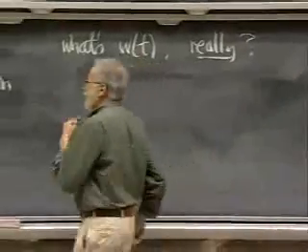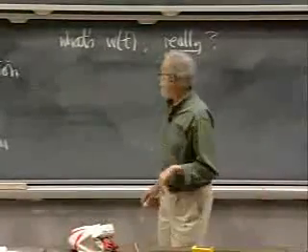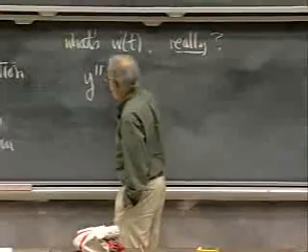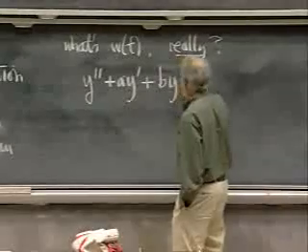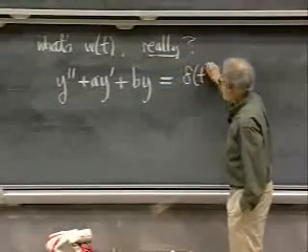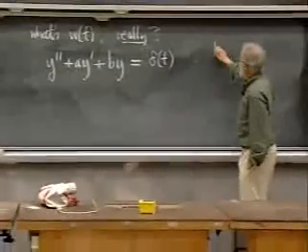Okay. I think the simplest way of thinking of it, once you know about the delta function, is just to think of this differential equation, y double prime plus ay prime plus by, except use as the input the Dirac delta function. In other words, we're kicking the mass.